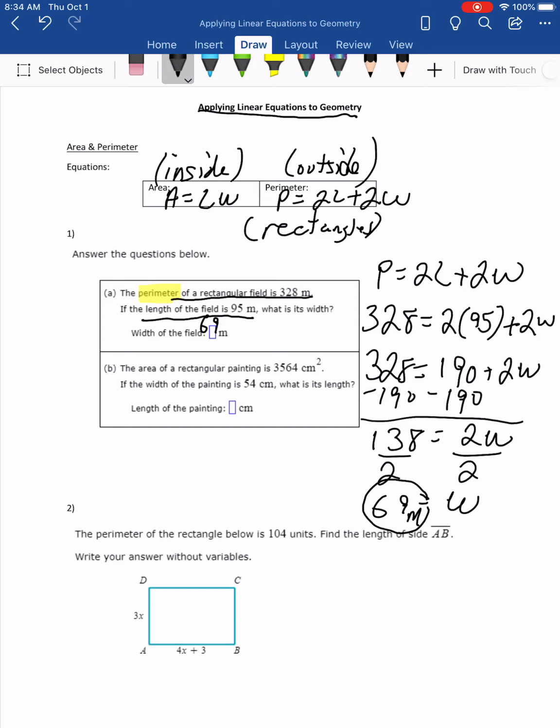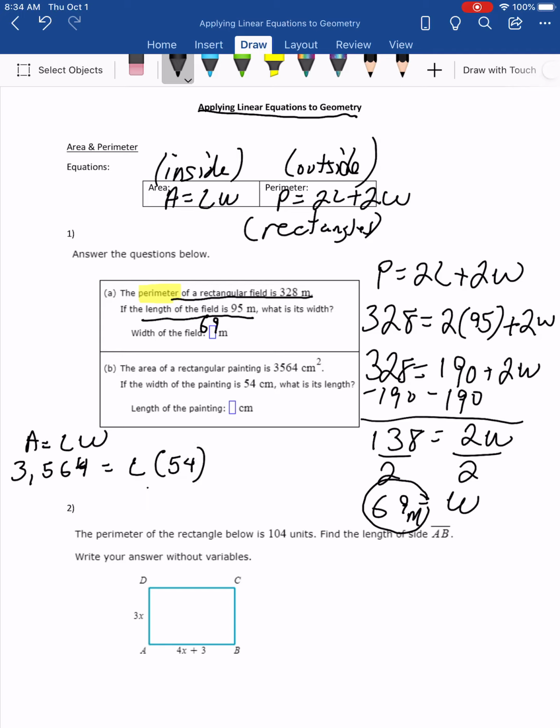All right, in B, the area is 3,564 square centimeters. Remember, area is in square centimeters, square feet, square yards, square whatever. Okay, so we're going to need the area equation, A equals L times W, and we can substitute A for 3,564, and we'll leave L, because we don't know L. We know the width is 54.